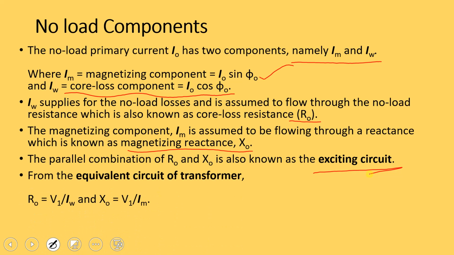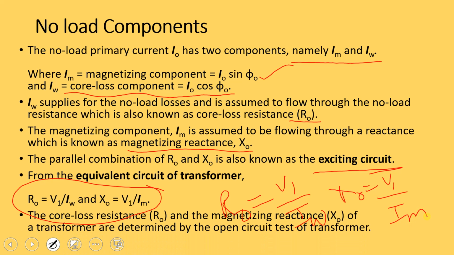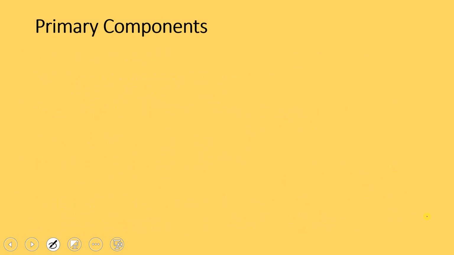From the equivalent circuit of the transformer, we can find these two values. R naught is equal to V1 upon IW, and X naught is equal to V1 upon IM. The core loss resistance R naught and magnetizing reactance X naught of the transformer are determined by the open circuit test of the transformer.